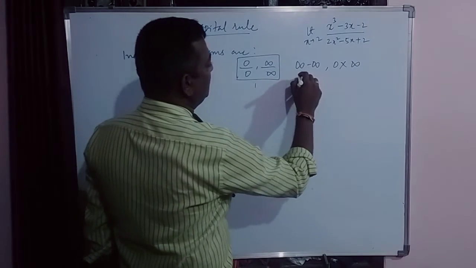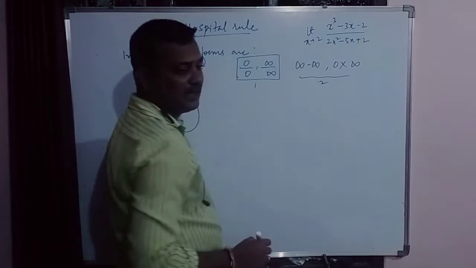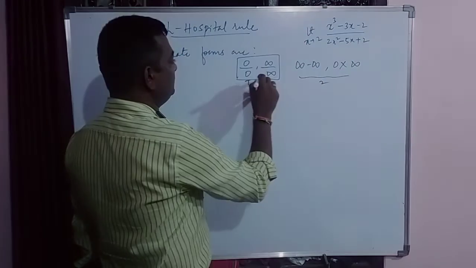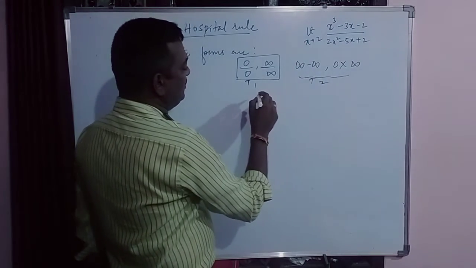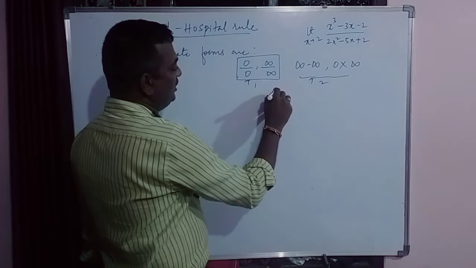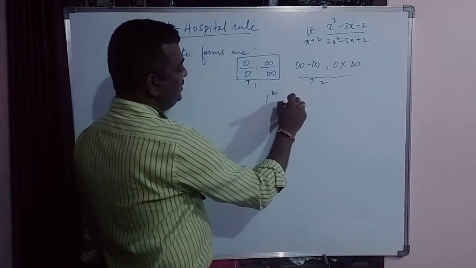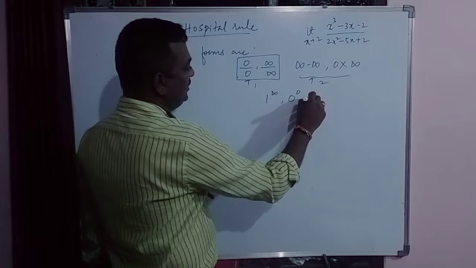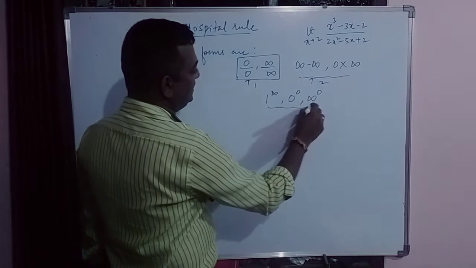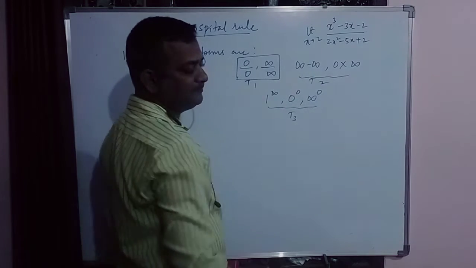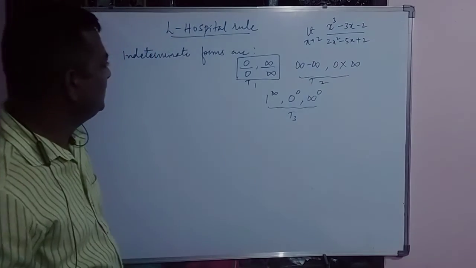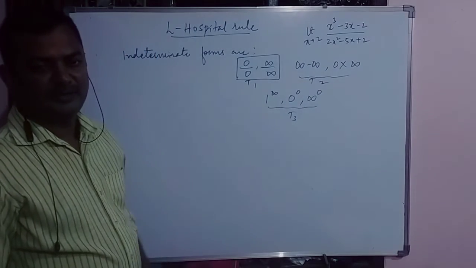These are coming under type 2. Again there is one more: 1 raised to infinity, 0 raised to 0, infinity raised to 0. These are coming under type 3. So these are indeterminate forms.